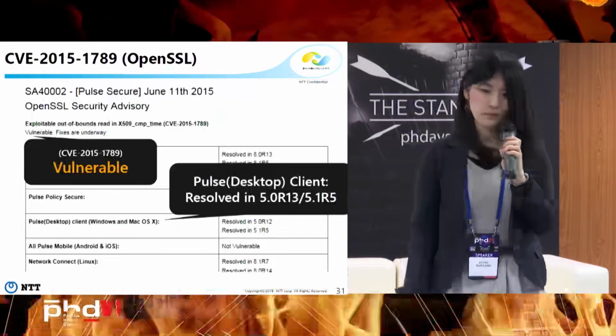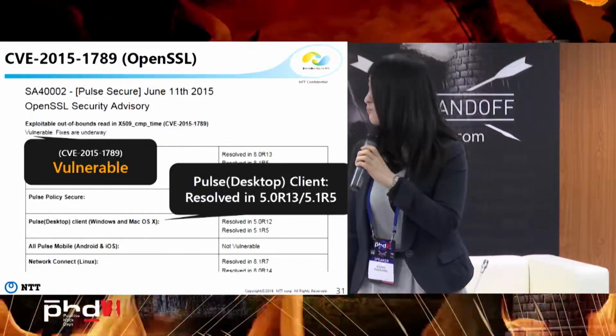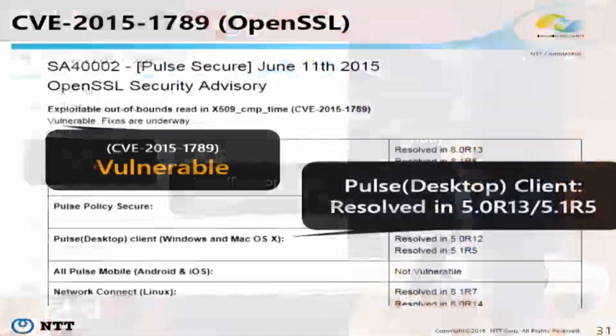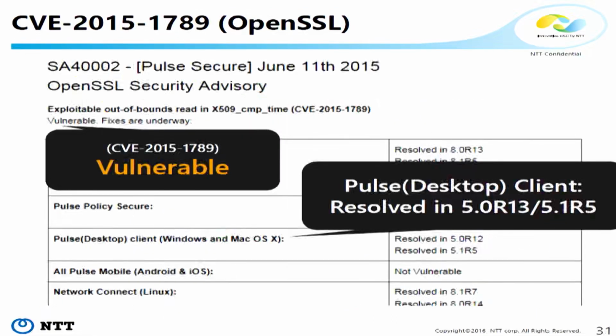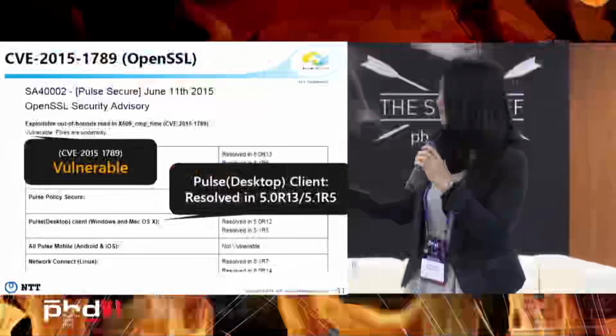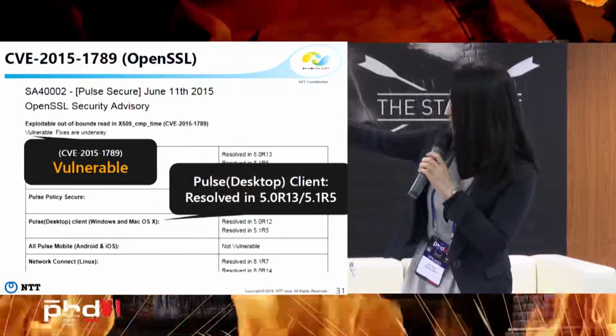For this vulnerability, Pulse Secure, the company which releases this Pulse client software, knew that they have a reproduced vulnerability, and they have a security advisory which says it was vulnerable.